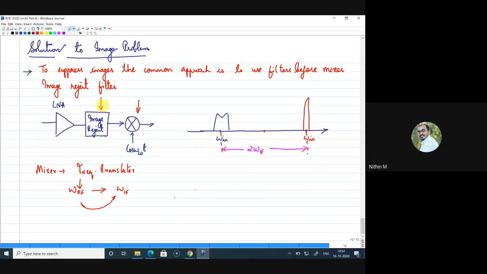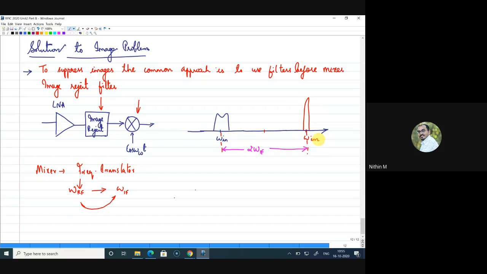Whether we are doing LSI or HSI, the difference between the input frequency omega in and the image frequency is twice omega IF itself. Depending on that we will process further.